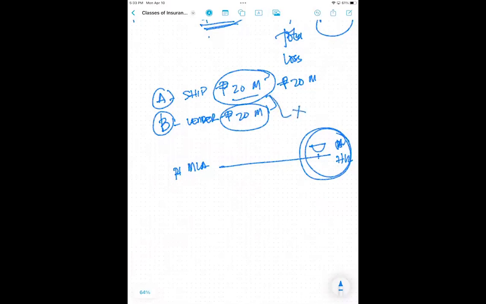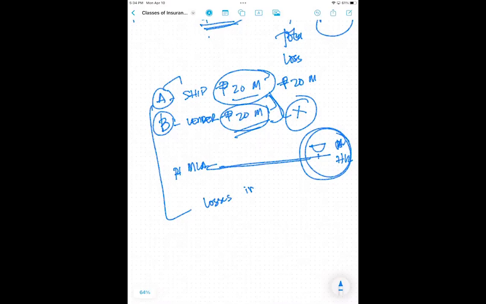Well, the answer is hindi na pwedeng 20 million. So how much? In this particular case, because the amount of the loan is equal to the value of the ship, then what happens? Technically, A loses its insurable interest over the ship during this particular voyage. Okay? So in short, A can no longer insure the same ship.